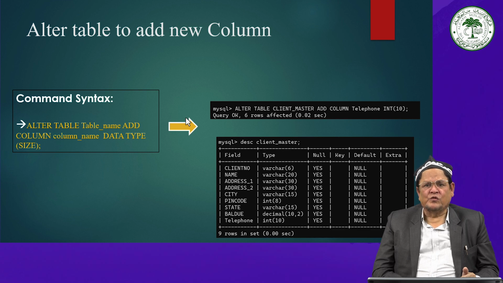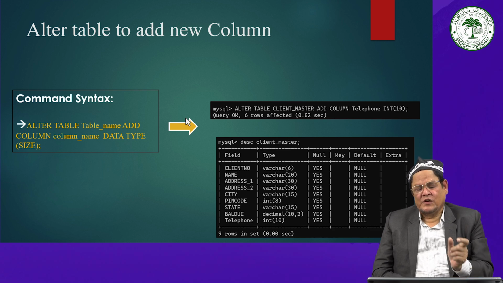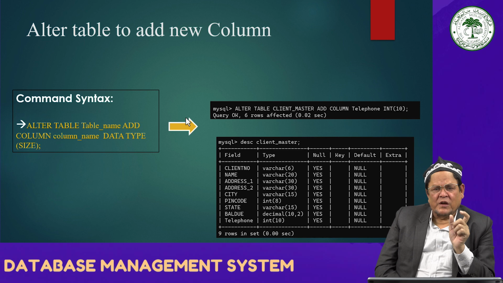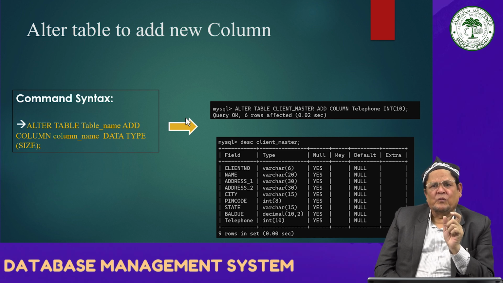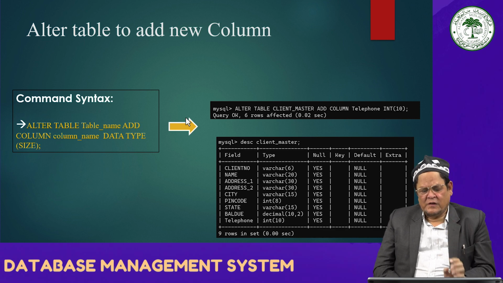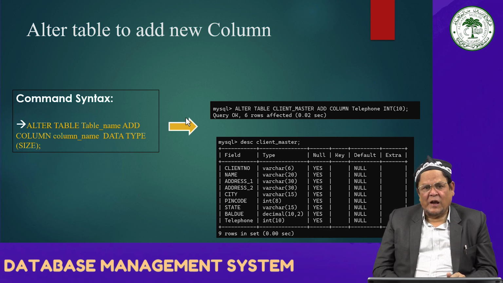Then you have to see whether the column is added on your structure or not. You have to write DESC client master. It means you have to write describe for the table name. When you enter, it will display all the fields, data types, whether null or not null, and the key, default, whatever.